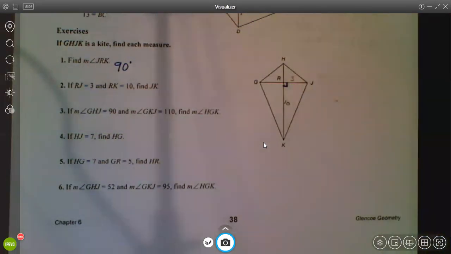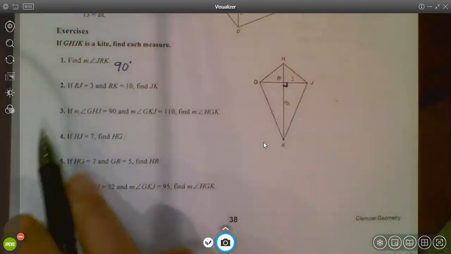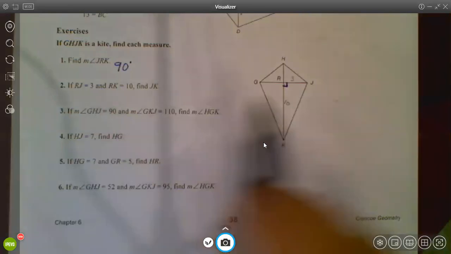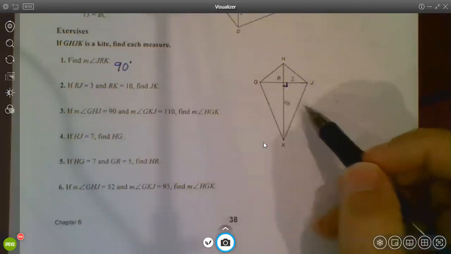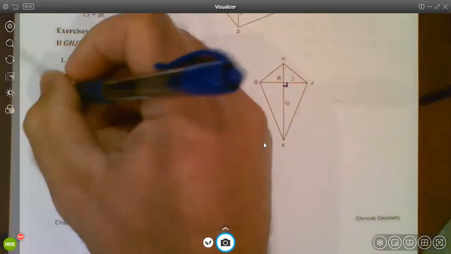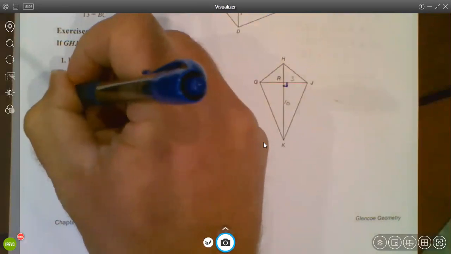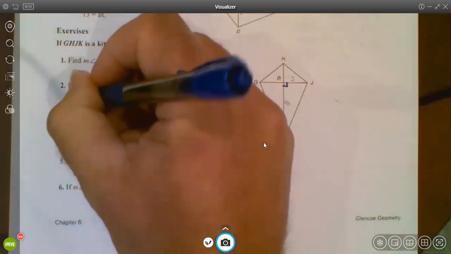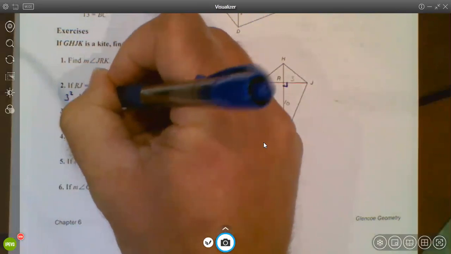Anytime you know 2 sides of a right triangle, what have we always used to find that third side? We know we're going to use the Pythagorean theorem. So we're going to set it up over here. Our 2 legs are 3 and 10, and we're trying to find the hypotenuse. So we're going to say 3 squared plus 10 squared equals c squared.